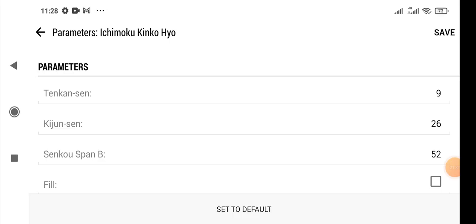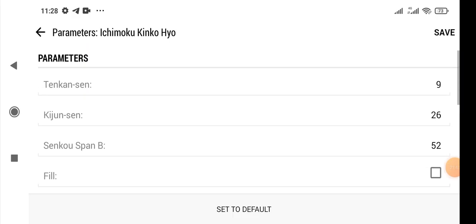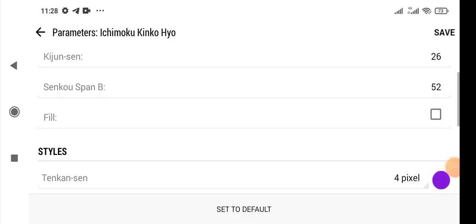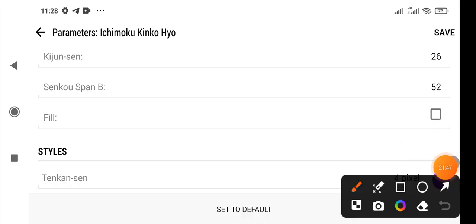The next one is going to be Ichimoku. With Ichimoku, you are going to unfill it. So the settings are 9, 26, 52. On this region, you ensure it is unfilled.